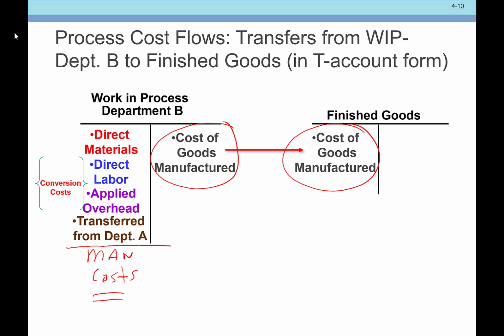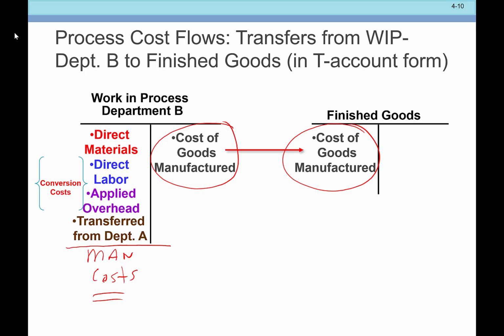Okay. Now notice some terms are exactly the same as what we said for job order costing. So our direct materials, direct labor, our applied overhead are all called what? Manufacturing cost. Okay. As we finish something, we take the cost of goods manufactured out of that, and that's only going to come out of the last processing department, because by definition, whatever we take out of work in process and goes into finished goods is cost of goods manufactured, right?